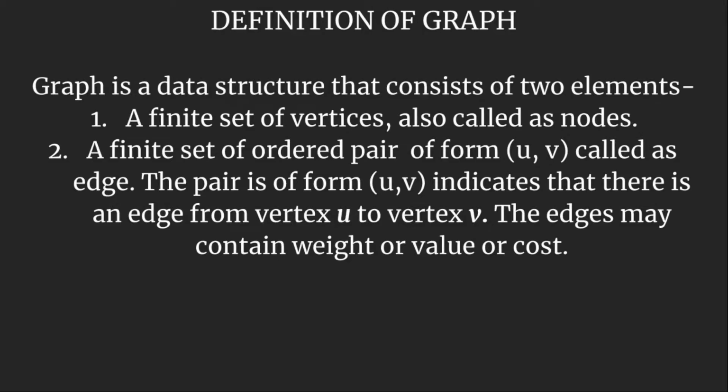First is a finite set of vertices, also called nodes, and the second one is a finite set of ordered pair of form (u, v), called an edge. The pair of form (u, v) indicates that there is an edge from a vertex u to vertex v. The edges may contain weight or value or cost.